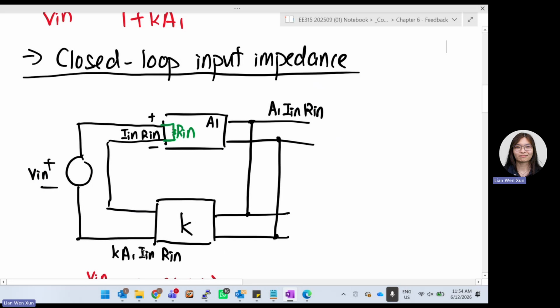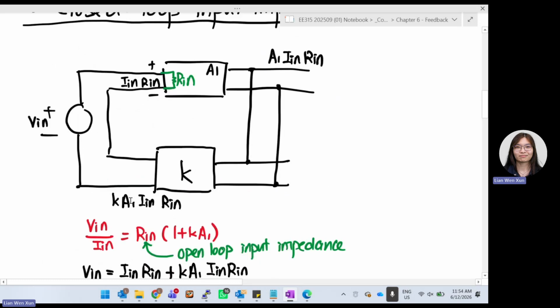Multiplied by my K, it becomes K A1 I in output from here. When we want to find input impedance, it is V in over I in, because V equals IR, so V over I equals R. We want to find out what is the R at input.